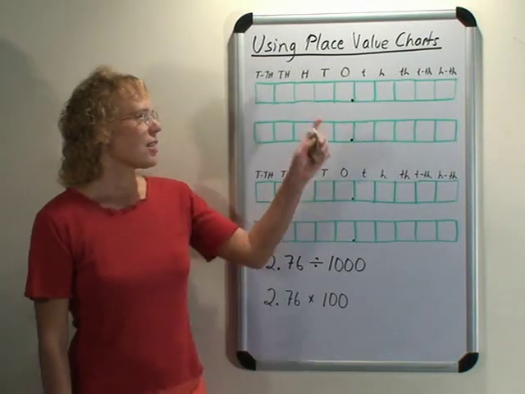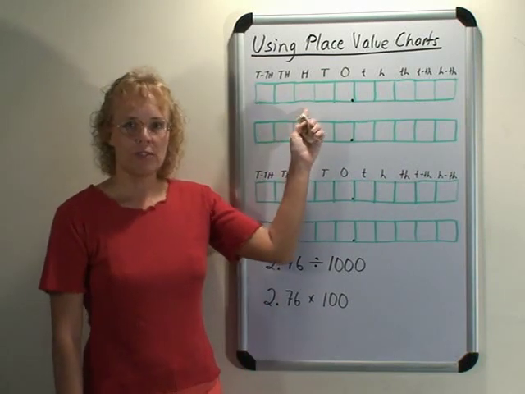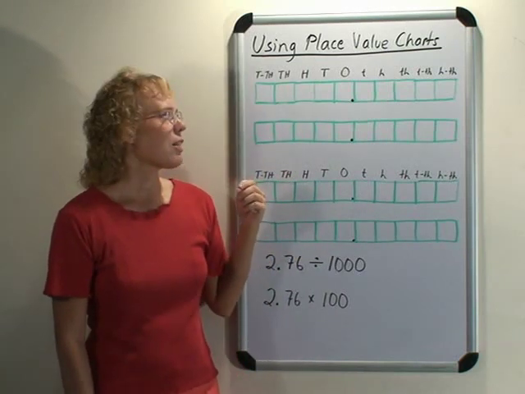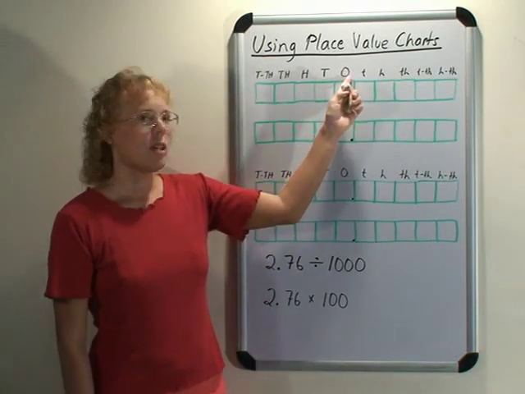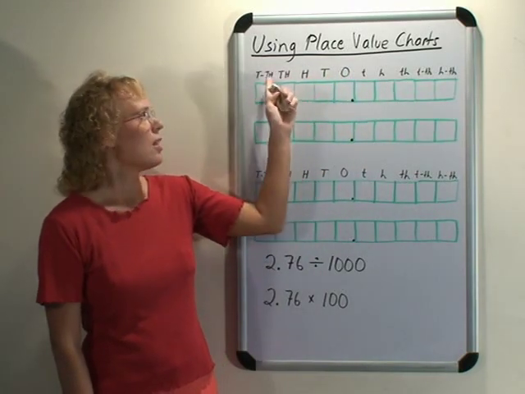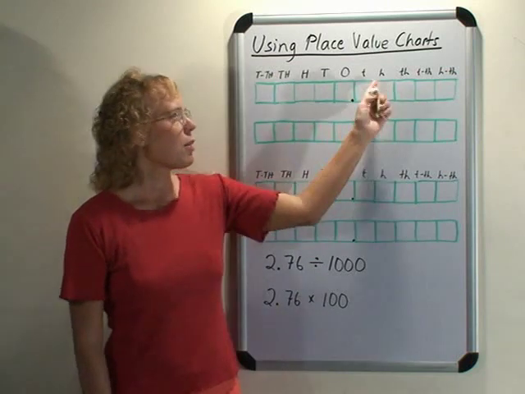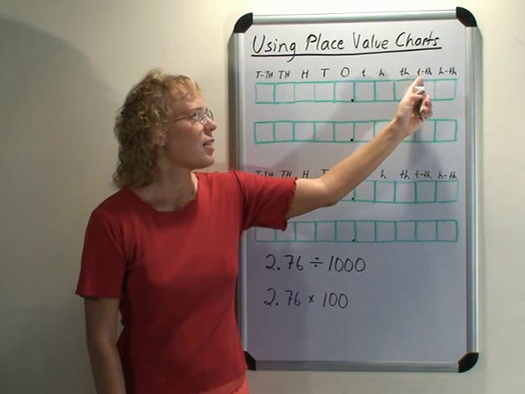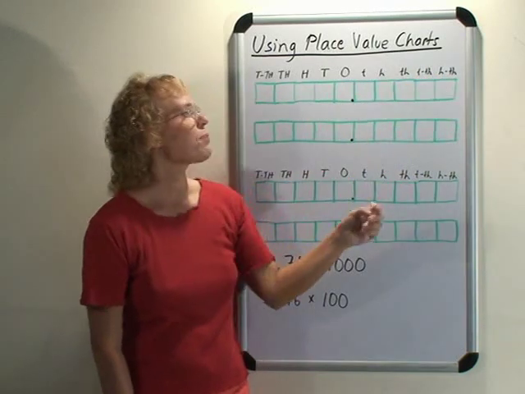This chart here has a little box for each place value, for each position in our place value system. The O here means ones, here's tens, hundreds, thousands and 10,000s. And this way we have tenths, hundredths, thousandths, ten-thousandths and hundred-thousandths.